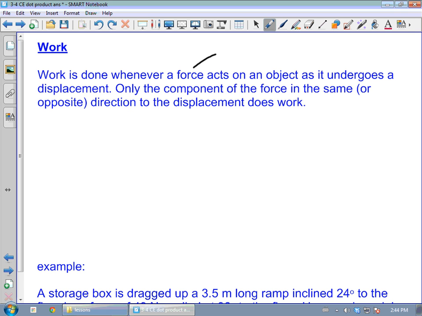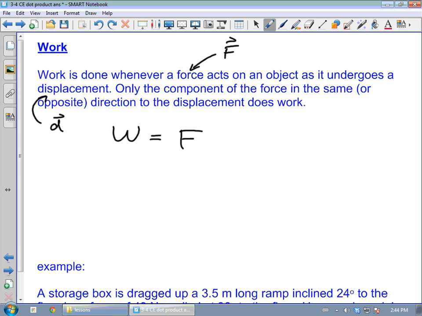So we've got some force, F. We've got some displacement, D, which is our other direction. If we want the work done, we want to multiply these two in such a way that we're only multiplying the components that are in the same direction as the displacement.